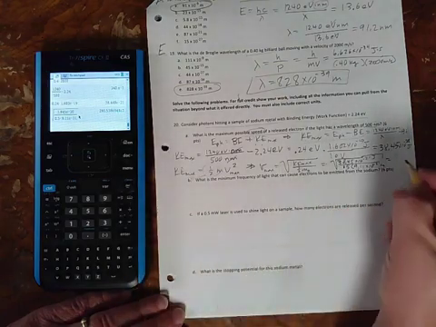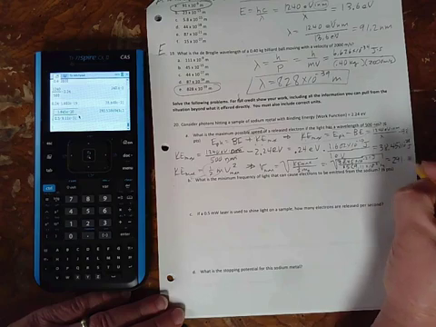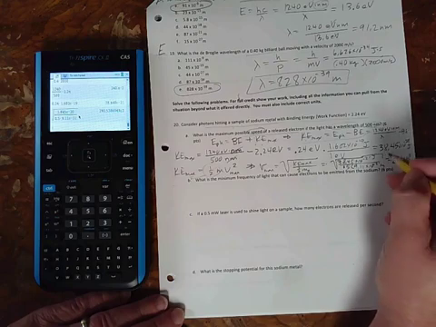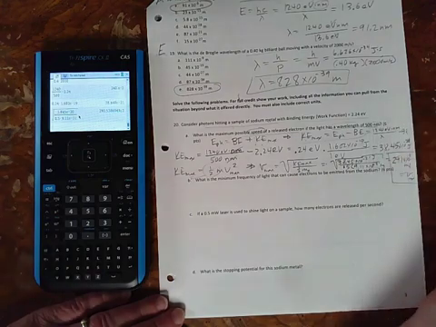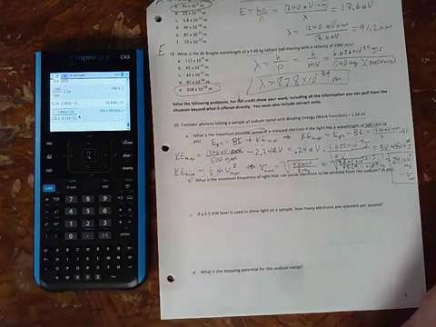Looks like 291 times 10 to the third meters per second equals v max. Let's see if that's what I got last time.